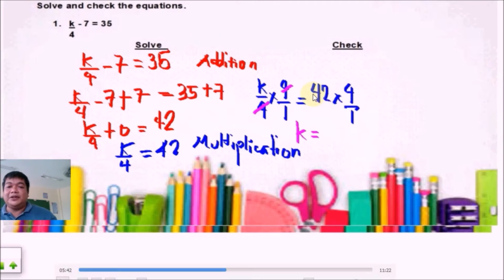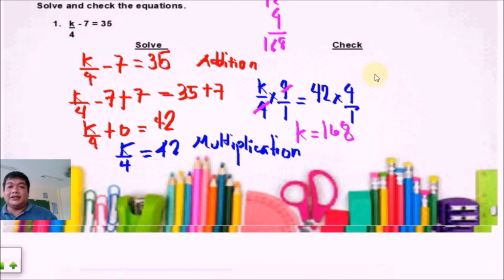So you're going to multiply 42 times 4. 4 times 2 is 8, 4 times 4 is 16. So that's 168. Okay, so do you think the value of k is 168?